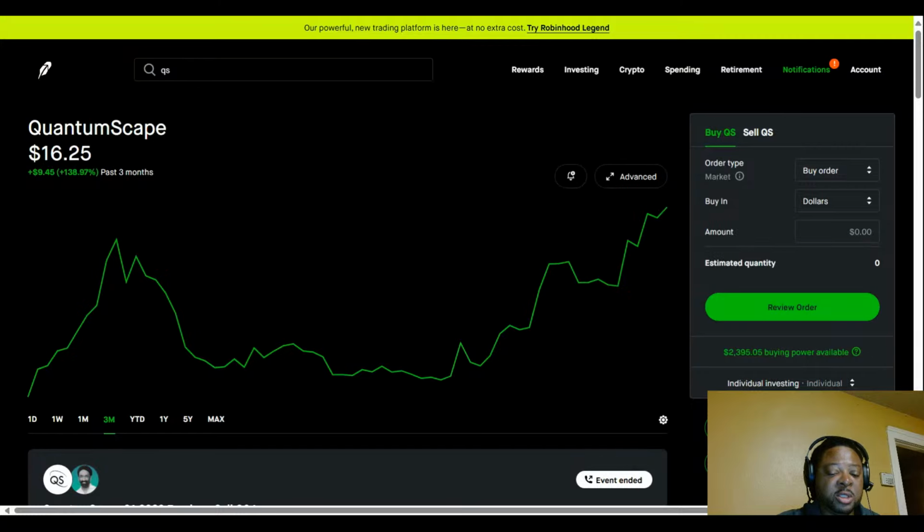Whatever you do to one side of the equation, you got to do to the other side. So that contract was $1.75 per share, so you multiply that by 1,000. 1.75 times 1,000 equals 1,750.